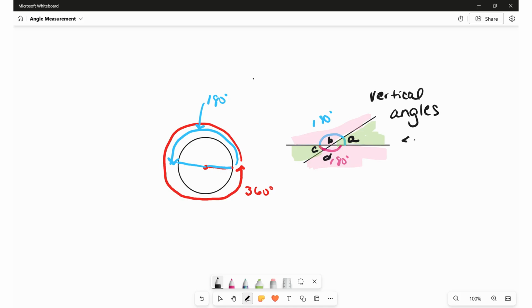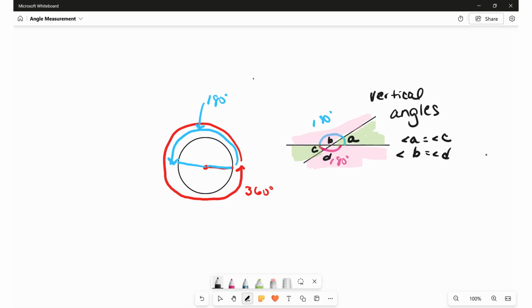Well, angle A is equal in measurement to angle C. And the measure of angle B is equal to angle D. Because the sum of these, both ways, is equal to 180 degrees.